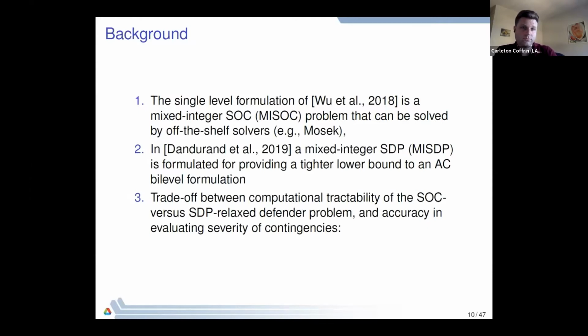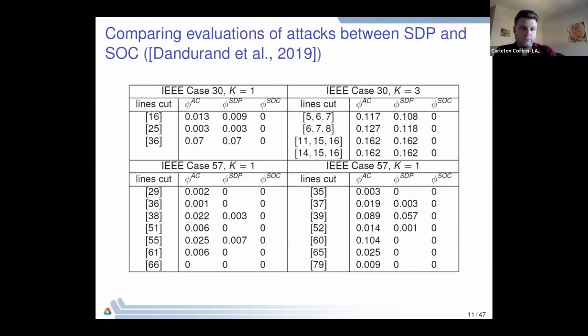relaxation of the lower level problem, such as SDP, and we consider that with the understanding that there are trade-offs. SOC problems are easier to compute, SDP are more difficult, but they provide a more accurate assessment of the contingency.